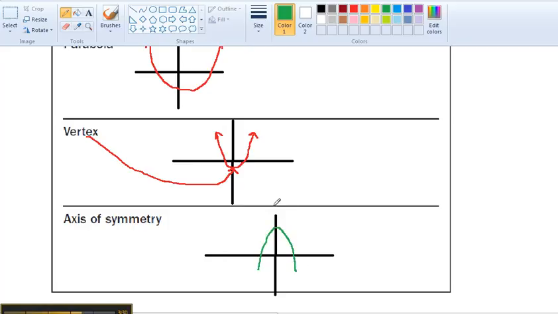Now, this thing right here, right in the middle, right there, where it divides this, it goes right through the vertex, as you can see, and it divides the parabola into two symmetrical parts. So there's one here and one here that looks like a mirror image. This thing right here is called the axis of symmetry.